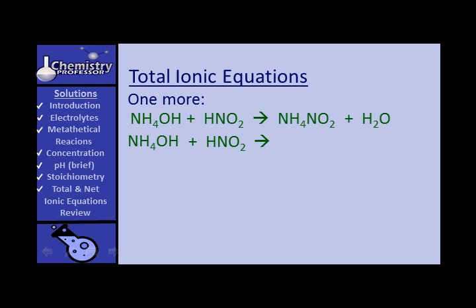The nitrous acid is a weak acid, so we write it as a molecule. The ammonium nitrite, that's a salt. It's a soluble salt, so what's it going to do? Yeah, it's going to exist as ions, ammonium ions, nitrite ions, and water molecules.